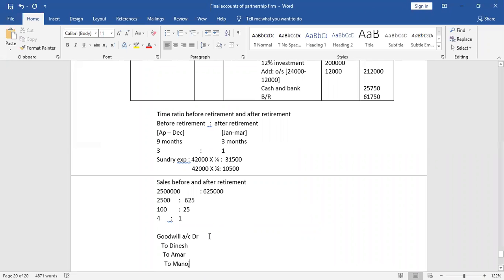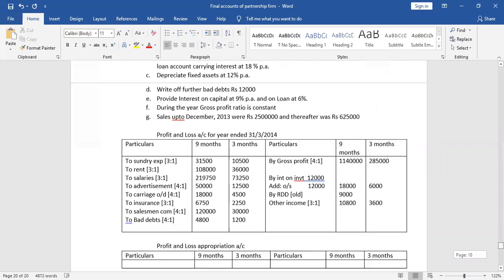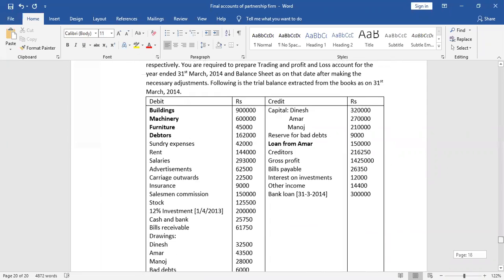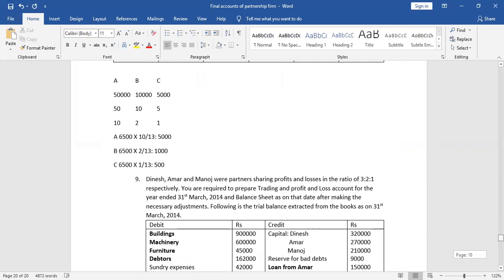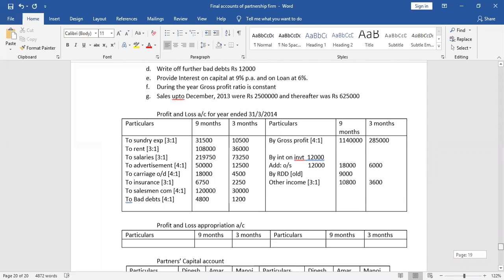What is the amount of goodwill? This 2,40,000 has to be divided in the ratio. What ratio is given in the question? The ratio is given 3 is to 2 is to 1. 3 plus 2, 5 plus 1, 6.